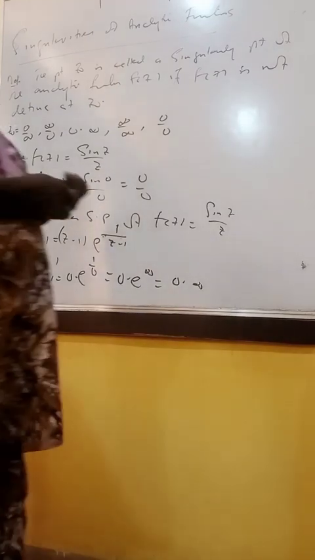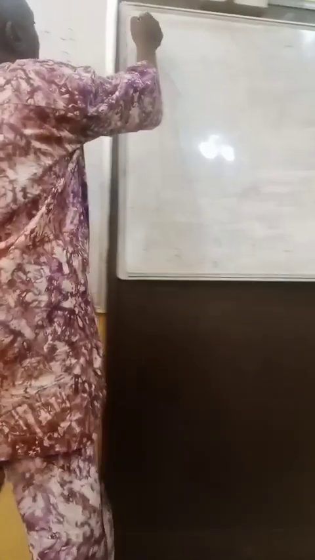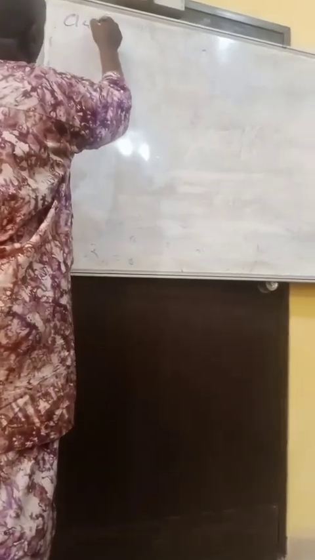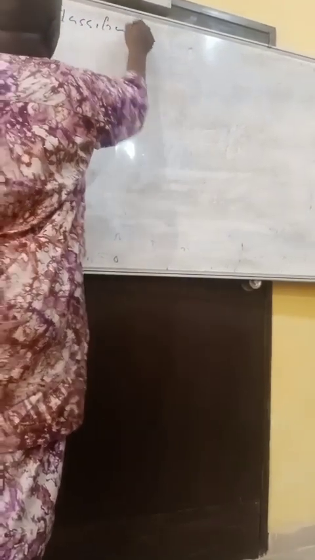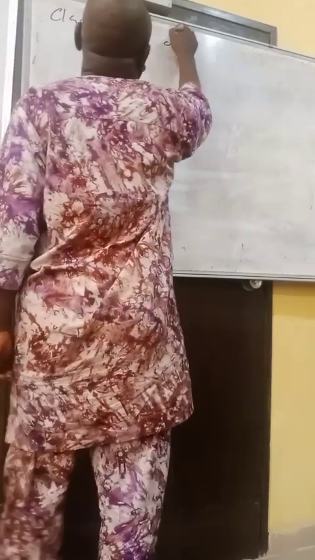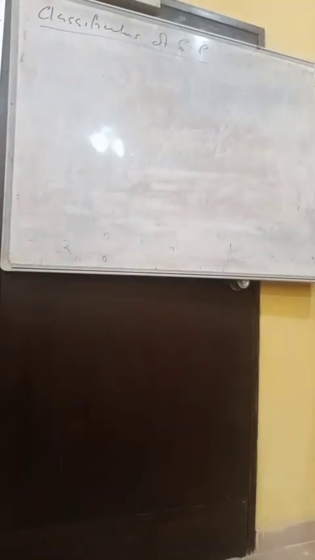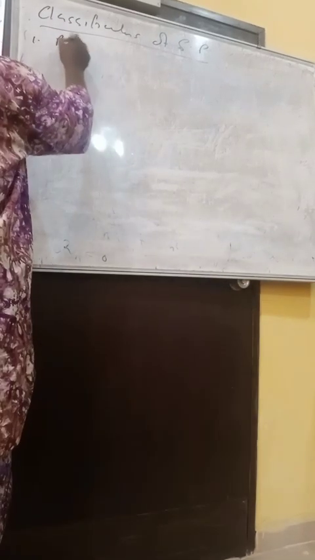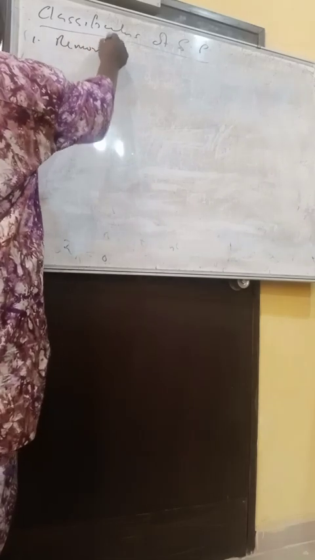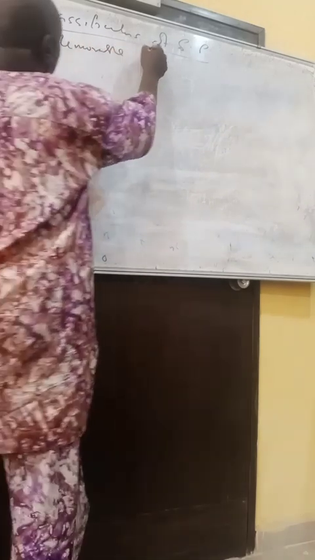Now we have what we call classification of singularity points. So all these singularity points, we can classify them. Is that okay? The first one is what we call removable singularity points.